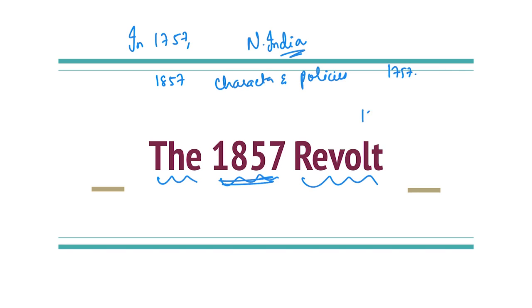The period between 1757 and 1857 was not at all peaceful. There was always some trouble, and it saw a series of sporadic popular outbursts in the form of religio-political violence, tribal movements, peasant uprisings, agrarian riots and civil rebellions.